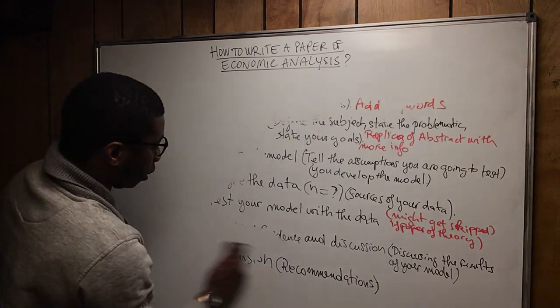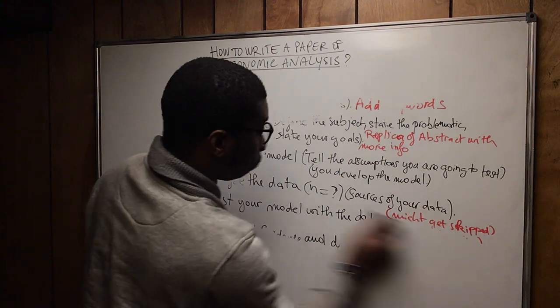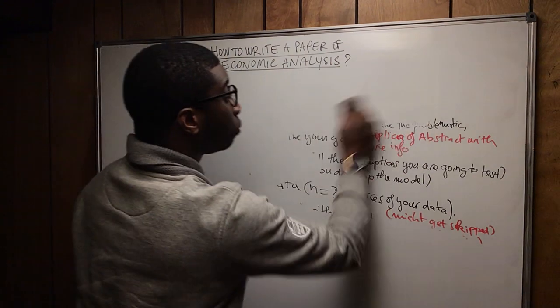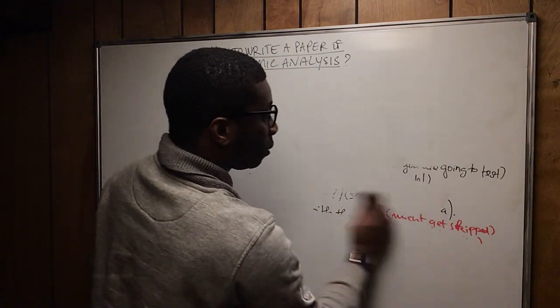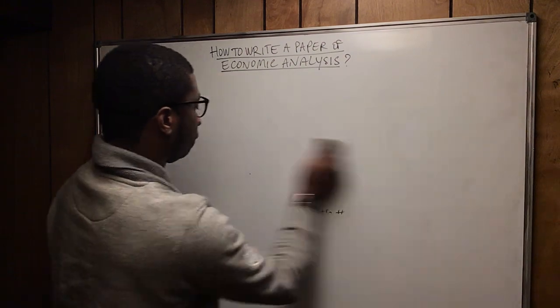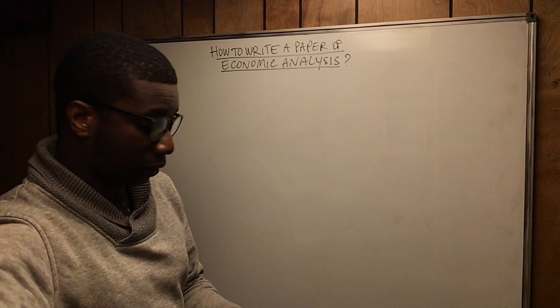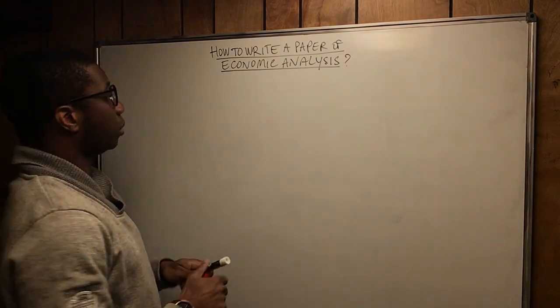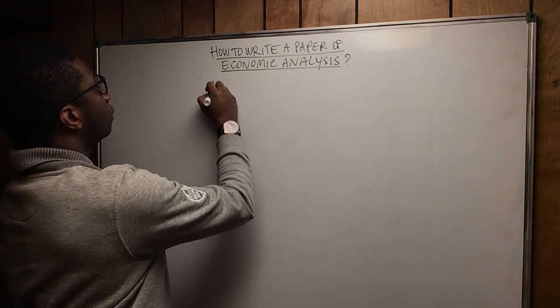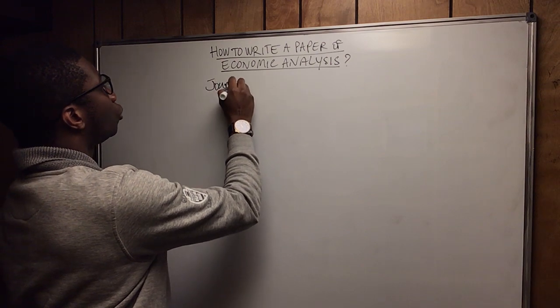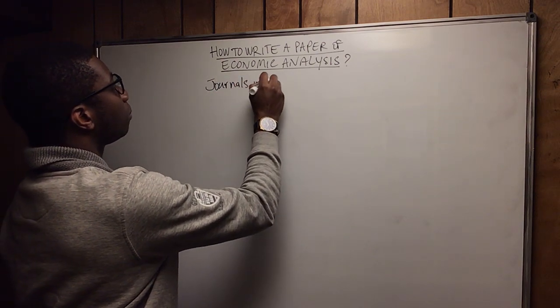So I'm going to write 10 journals that come to the top of my mind, journals that I know, so that you have an idea. So I'm going to say journals of economics.